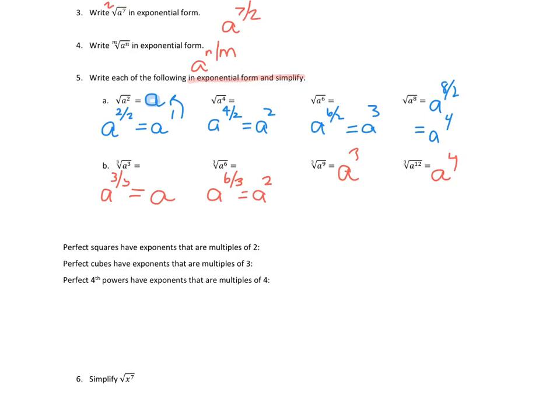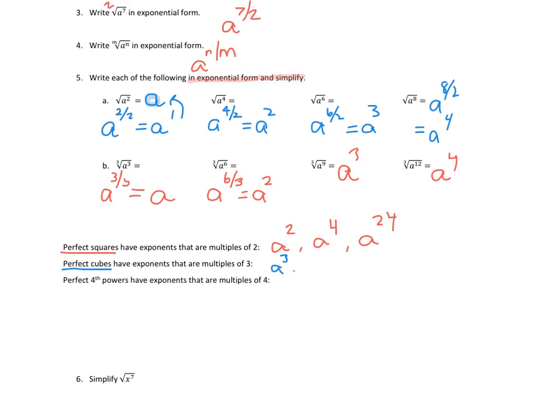Okay, so these were examples. The first row, part A, was examples of perfect squares. Perfect squares have exponents that are multiples of 2. So like a squared, a to the 4th, a to the 24th, any even power. Part B were perfect cubes. Perfect cubes have exponents that are multiples of 3.